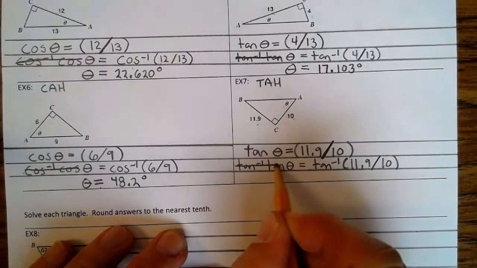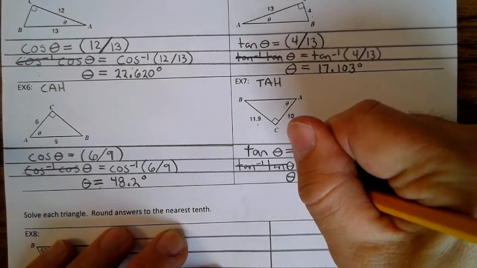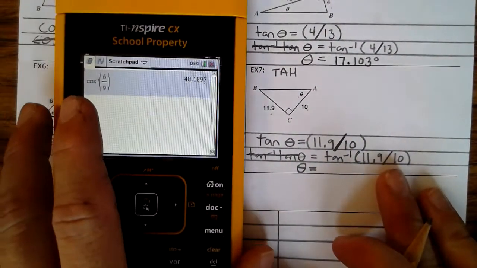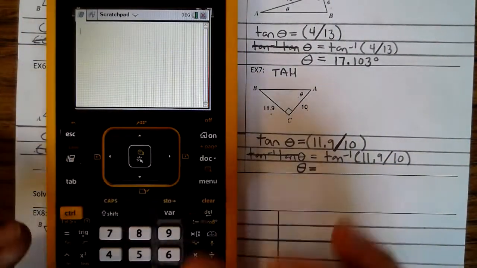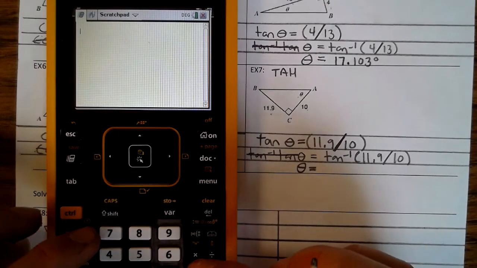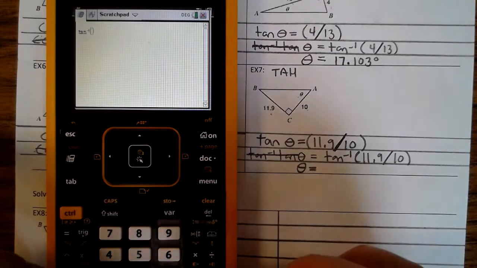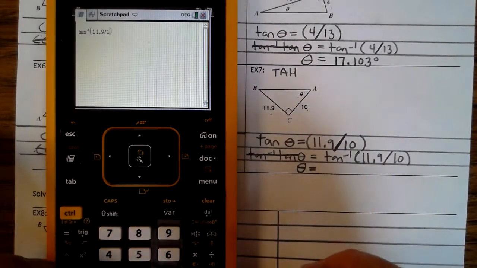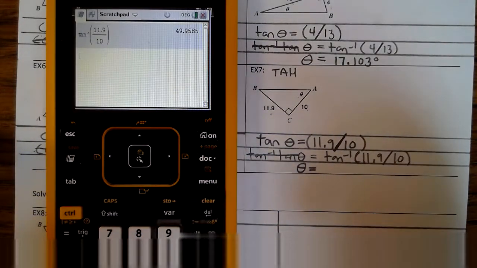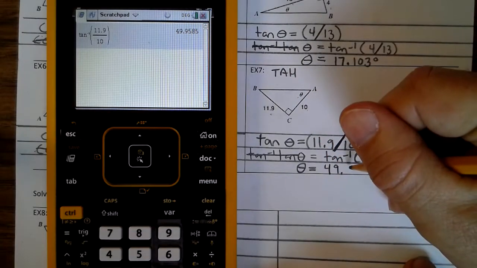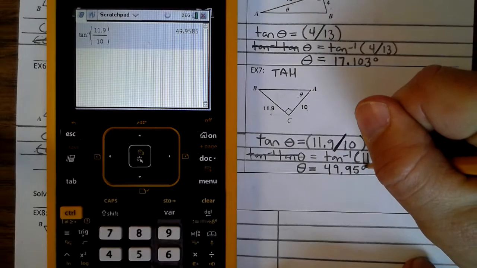So those cancel, so we have theta equals tangent inverse of 11.9 divided by 10. So delete this. So trig button again. So tangent inverse of 11.9 divided by 10 is 50.959 degrees.